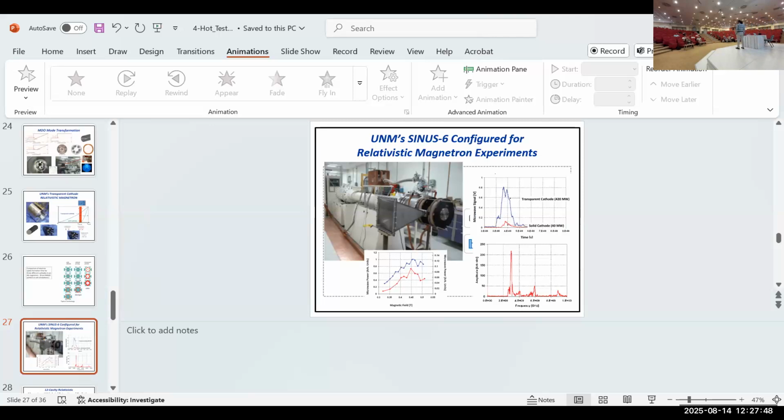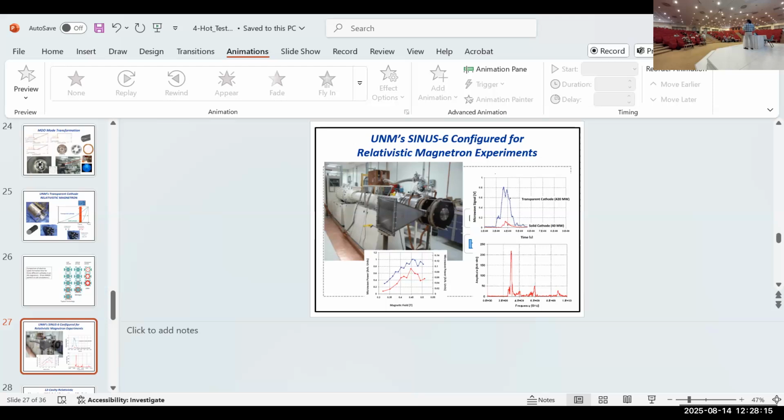Thank you. One question from me. What maximum RF power have you achieved? For relativistic levels, it depends on your accelerator. If you have a big Marx generator that can produce megavolts, you can have a couple of gigawatts, maybe 10 gigawatts.